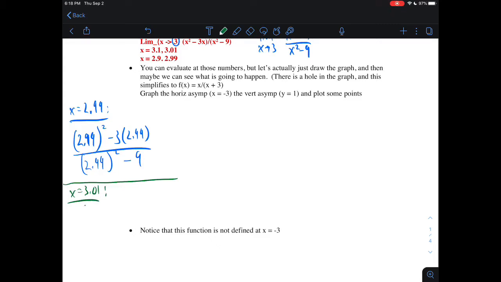And there I would just have 3.01 squared minus 3 times 3.01, and then divide that by 3.01 squared minus 9. So I'm going to grab my calculator and calculate these.